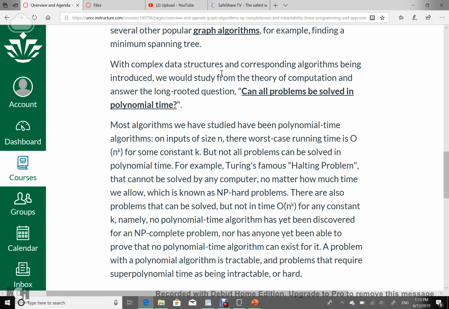With complex data structures and corresponding algorithms being introduced, we will study from the theory of computation and answer the long-rooted question: can all problems be solved in polynomial time? A linear data structure is easy, but once we have a complex data structure such as a graph, we want to convince people that the solution we have could be the best.